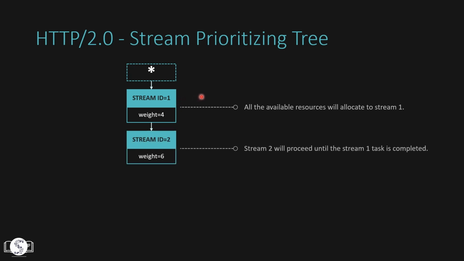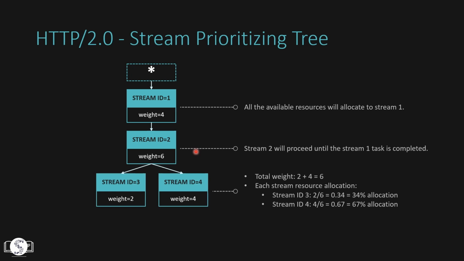Since the tree indicates that stream 2 depends on the completion of stream 1, stream 2 will not proceed until the stream 1 task is completed. After stream 2 completes its task, stream 3 and stream 4 will get the resources. They are split in the ratio of 2 and 4, as indicated by their weights.